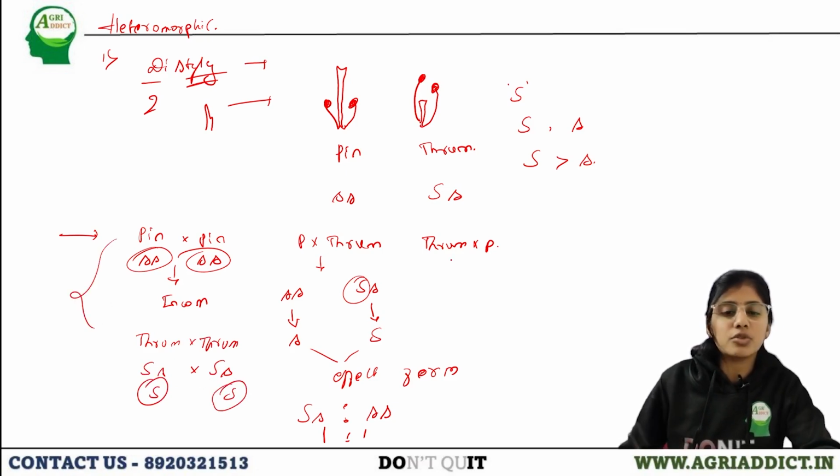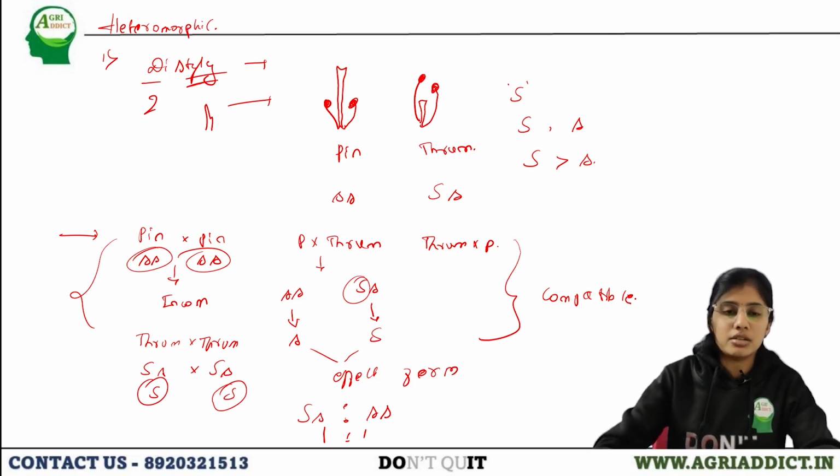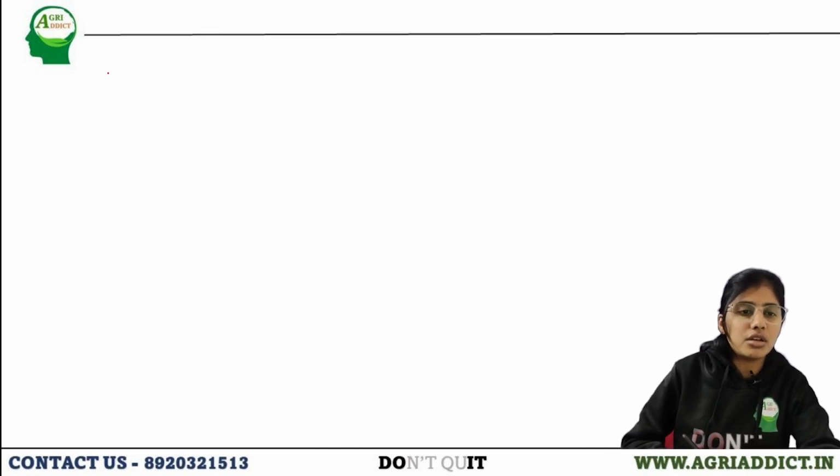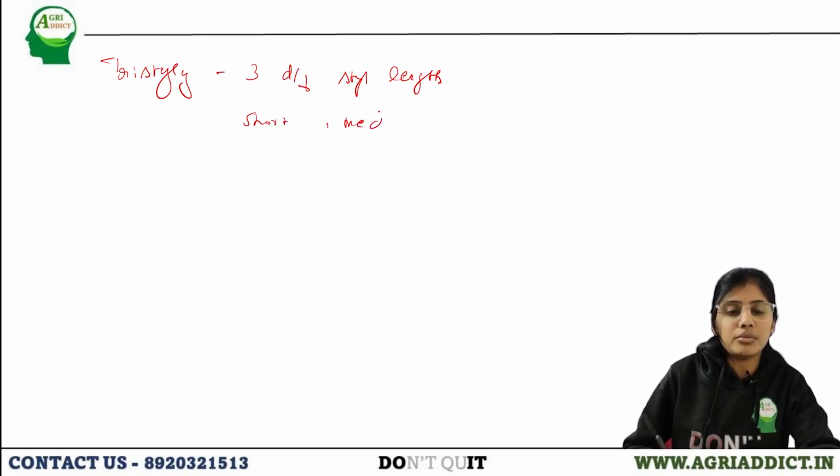These two kinds of matings will be incompatible. These two will be compatible matings. So this is the distyly condition. We have one more condition, which is tristyly. That is, three different style lengths. It could be short, it could be medium, or it could be long.